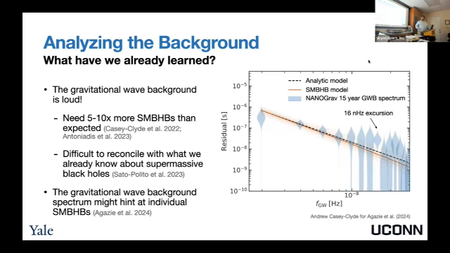Now, in addition to how loud the background is, we can also break it down as a spectrum, which is what I'm showing on the right here. Basically the way to read this plot is the horizontal axis is our gravitational wave frequency, and the vertical axis is how much of a timing residual we expect those gravitational waves to induce in our pulsar timing arrays as a function of frequency.